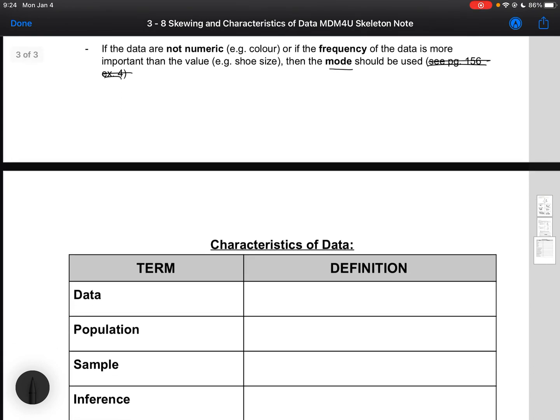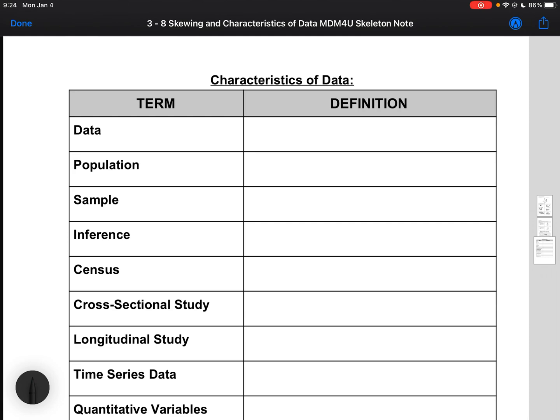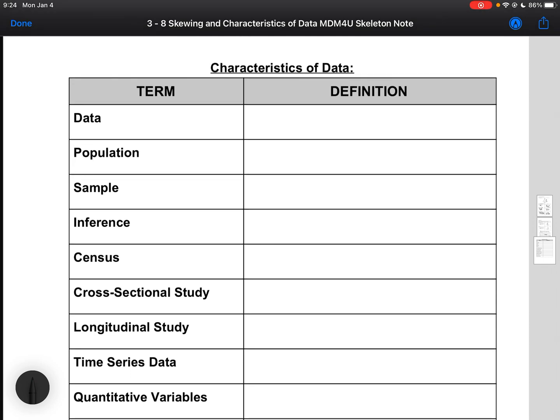The last thing that we're going to look at in this video is just some terms. So we're going to fill in some terms that you should be familiar with from this unit, and you should be able to use in your descriptions of graphs. And I'll take some of them out because we don't need to do all of them.